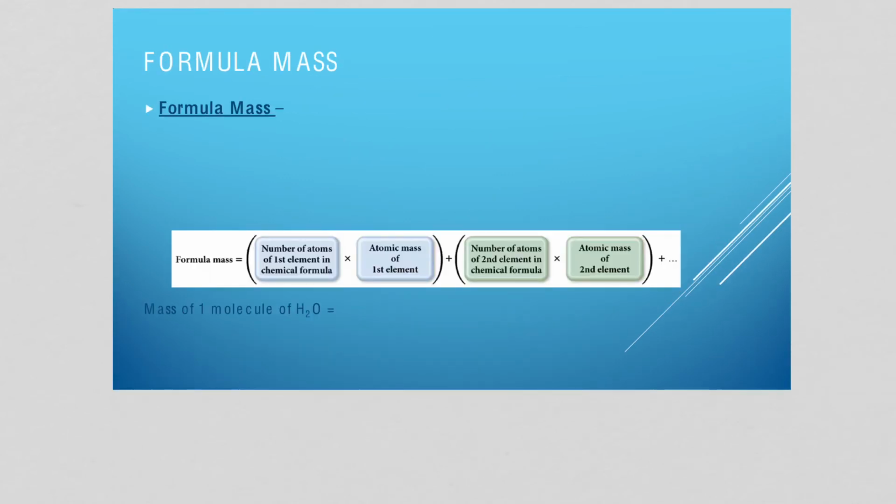So now that we've learned how to name both molecular and ionic compounds, and we know much more about formulas, we're going to introduce the term formula mass. Last chapter we learned the term atomic mass, or average atomic mass, which was the mass of an atom of an element expressed in atomic mass units. Well, formula mass is the same idea, but for a compound.